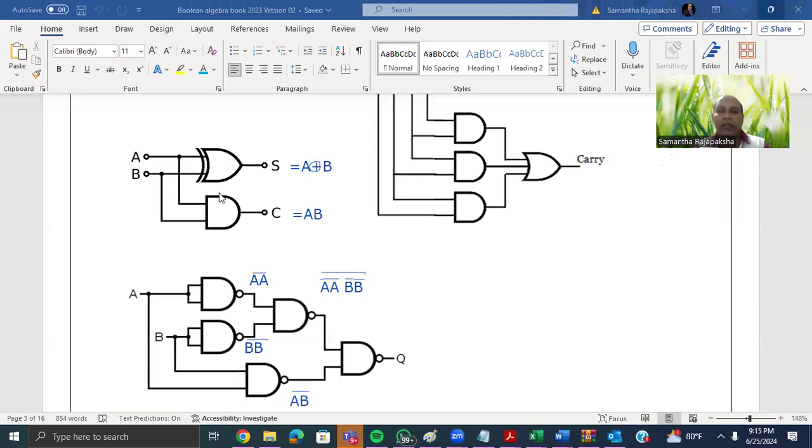So the final answer should be A into A bar, B into B bar, another bar, and this is AB bar, and both should multiply together and bar. That should be the final answer for this logic gate.